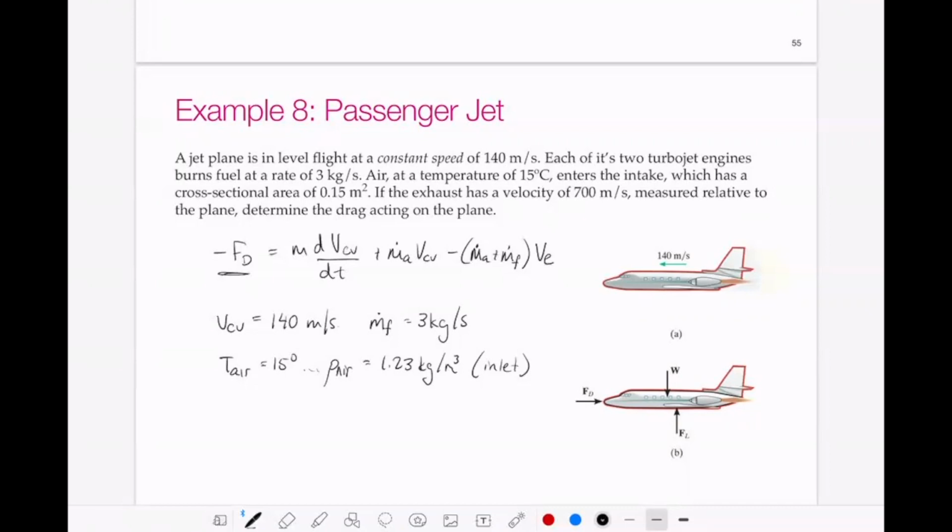And it enters the intake at a cross-sectional area of 0.15 meters squared. So the area in, we'll call it area A, is equal to 0.15 meters squared.